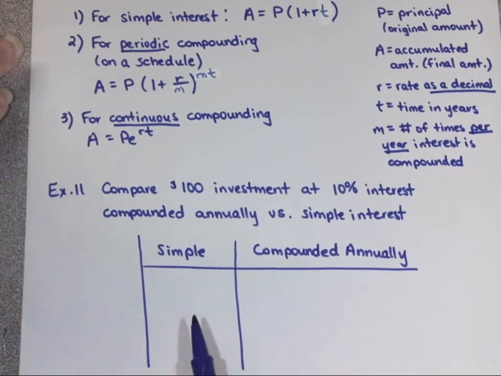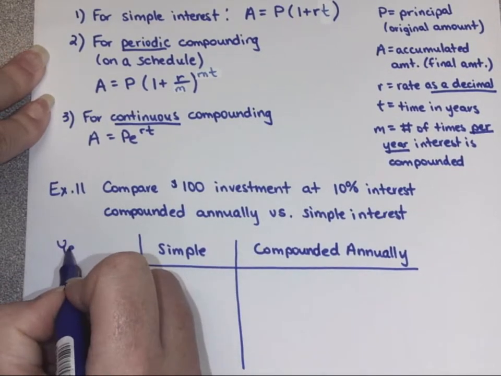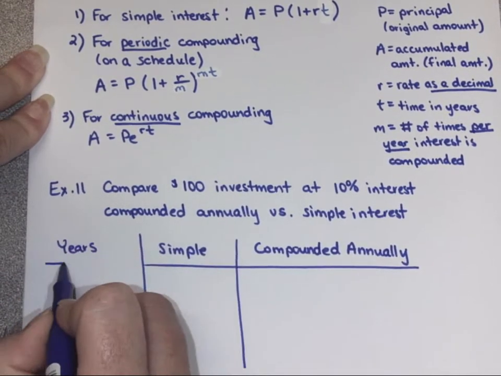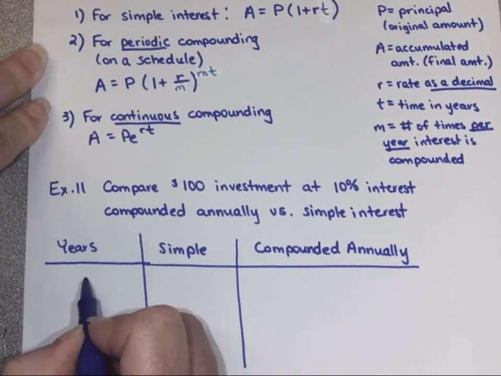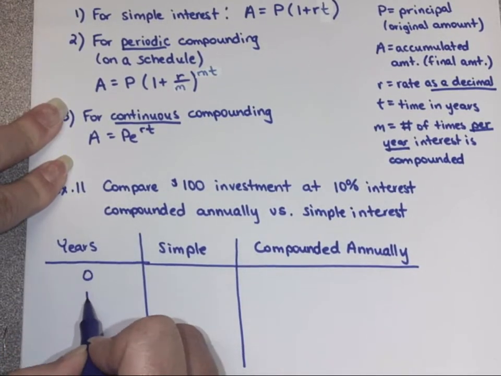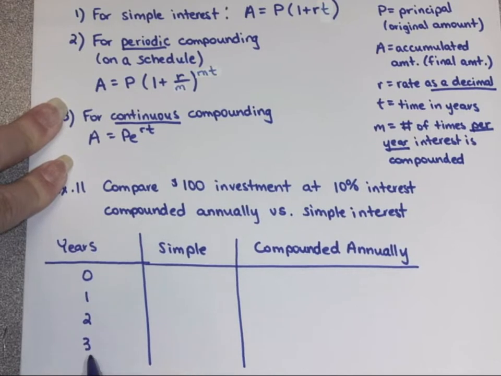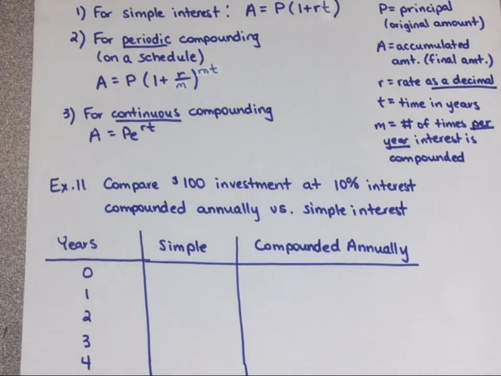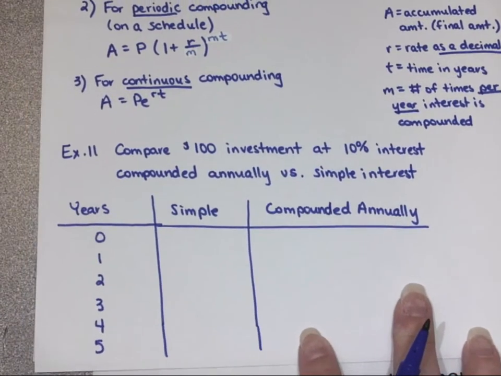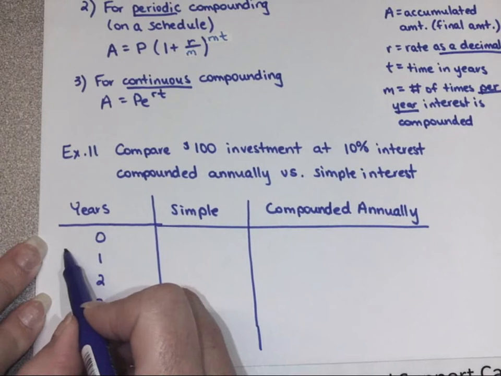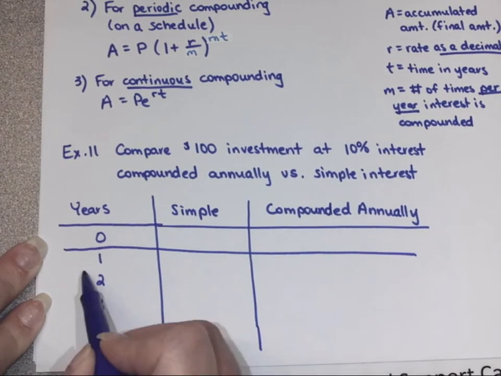And then over here we're going to put the years. So we'll start with year 0, and let's go up maybe 5 years. What do I mean by year 0? Like to start off, yes. Okay, so you have notebook paper, so your table ought to be able to look prettier than mine.